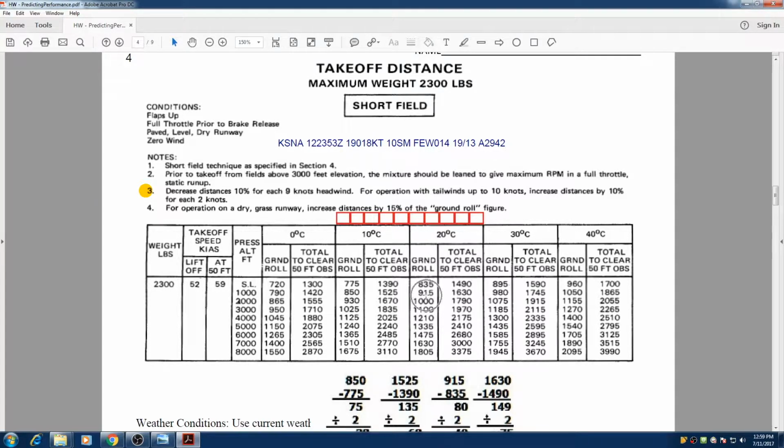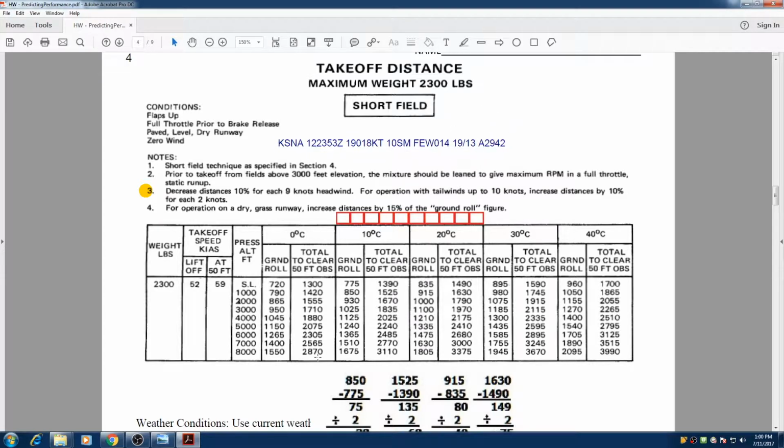I know that for ground roll I need 900 feet, and for total to clear a 50-foot obstacle I need 30 feet of runway. But for the purpose of this video, I'm going to show you how to interpolate between the numbers and find the exact value for this example right here.